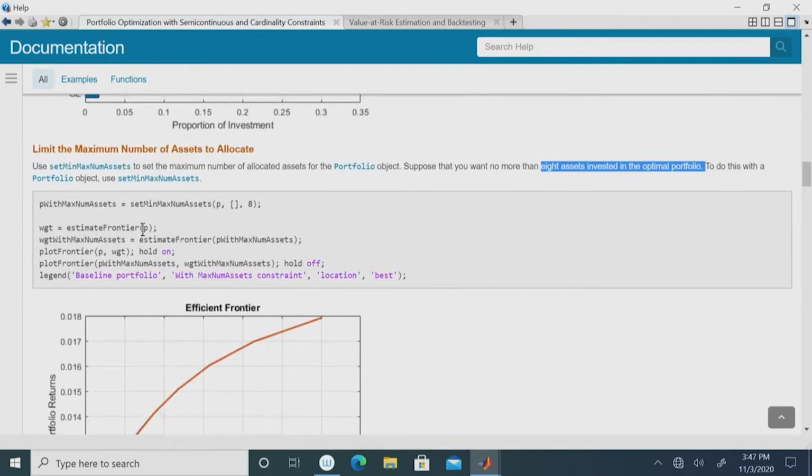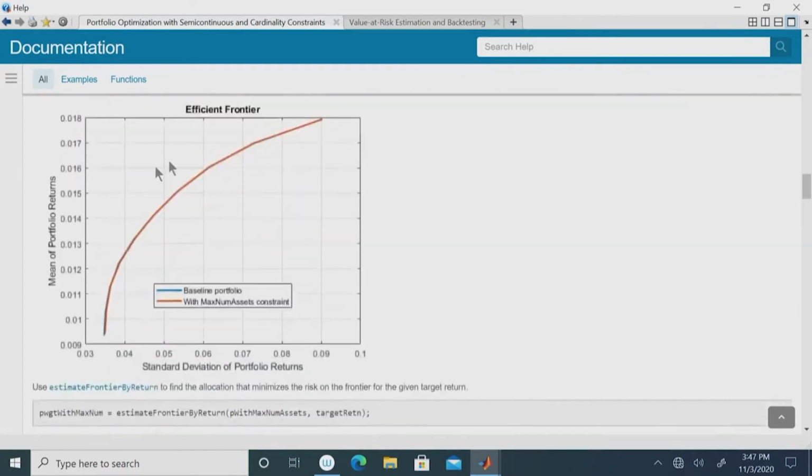The first efficient frontier is going to be the original efficient frontier on P, and the second is going to be the one with the constraint of the maximum number of assets being 8 imposed on it. Then you plot both the efficient frontiers, and accordingly you get the 2 efficient frontiers in both the cases. The one in blue is the baseline portfolio and the one in orange is the optimized portfolio, which includes a maximum number of 8 assets.